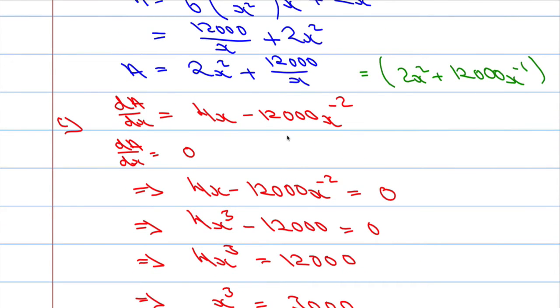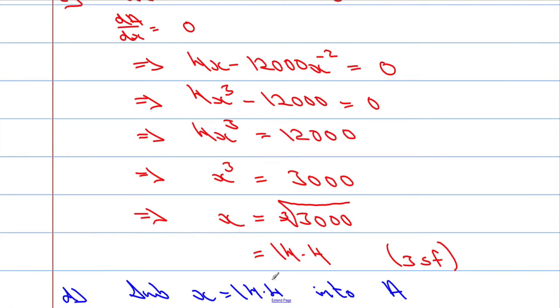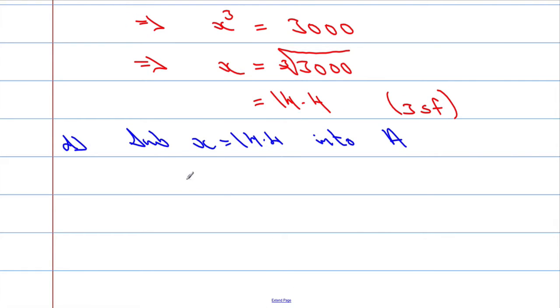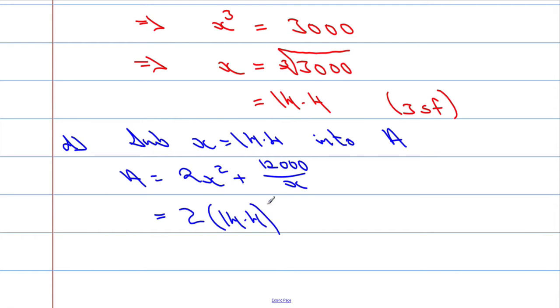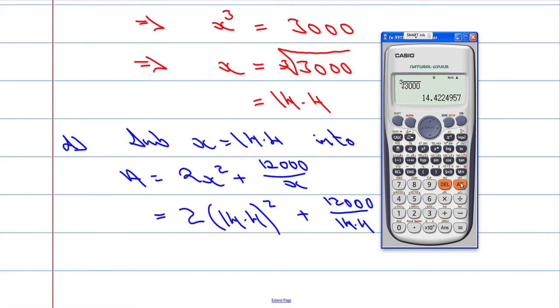Reminding ourselves, a equals 2x squared plus 12,000 over x. So substituting it in, 2 times 14.4 squared plus 12,000 over 14.4. Let's take out the calculator, let that do all the hard work.